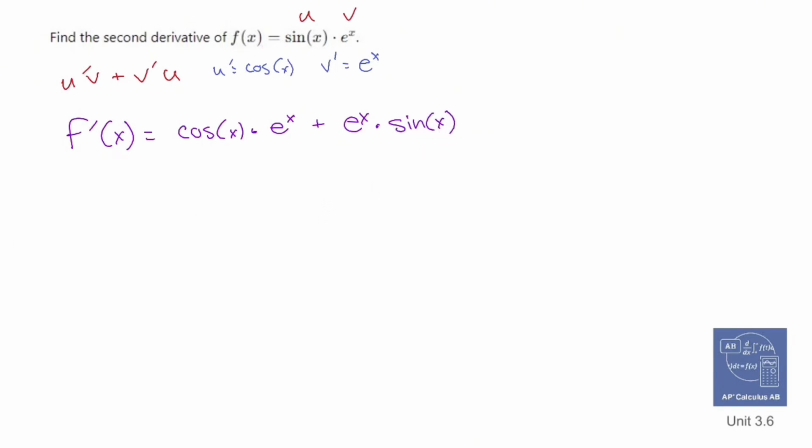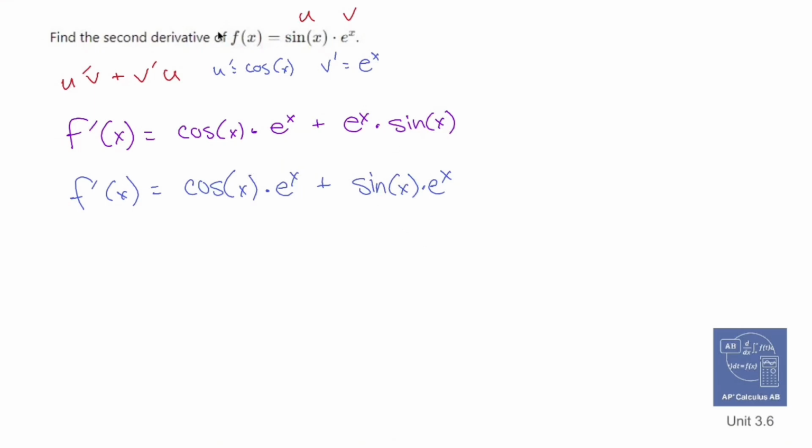So let's clean that up just a little bit. F prime of x equals cos x times e to the x plus sine x times e to the x. Okay? Now, the second derivative, I know what you're thinking. Ugh, product rule and product rule again?